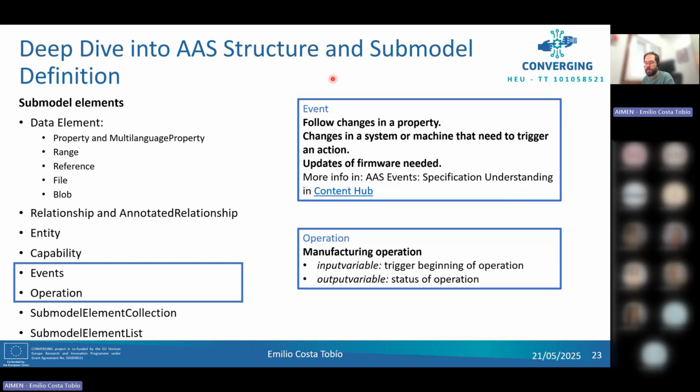So for example, if you are measuring a specific property and you want that when it reaches a threshold, you trigger an event and have a message with this event, you could use this element for that. Or if you have a software that needs a firmware update, this triggers an event when we need the update, and you could use this event for that.